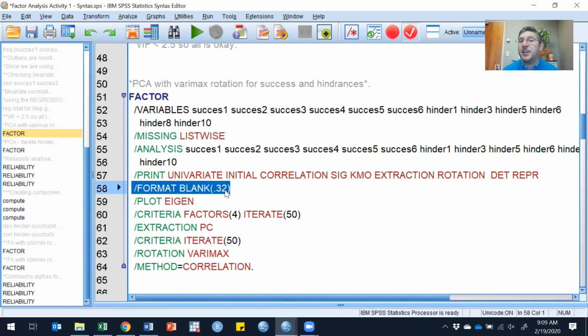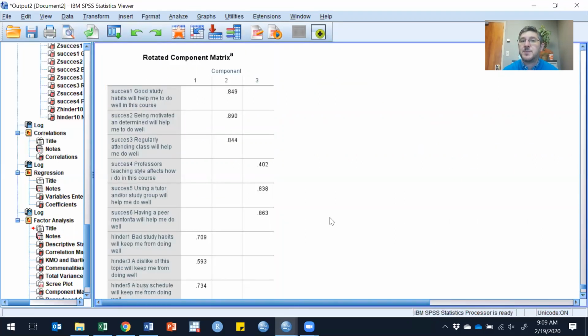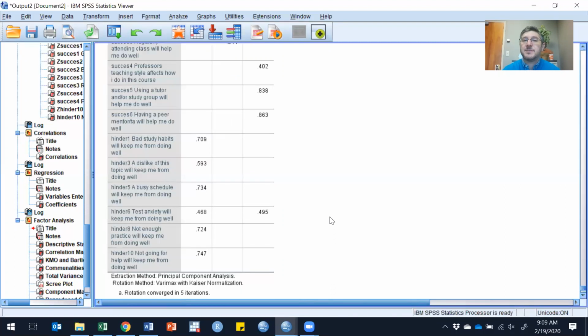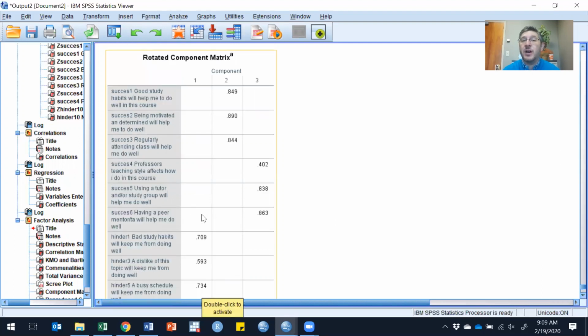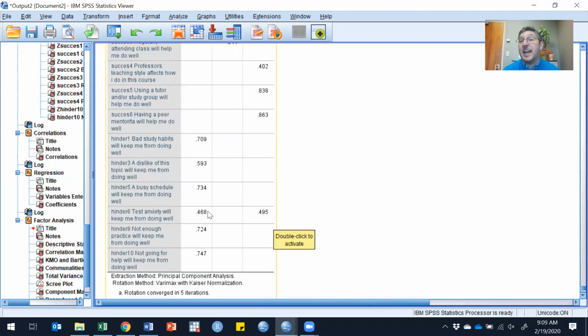If you want to blank out any correlations less than 0.4, you can do that as well. So we looked at this Hinder 6, test anxiety will keep me from doing well. It seems to load on both component 1 and component 3 at about the same strength on each one.